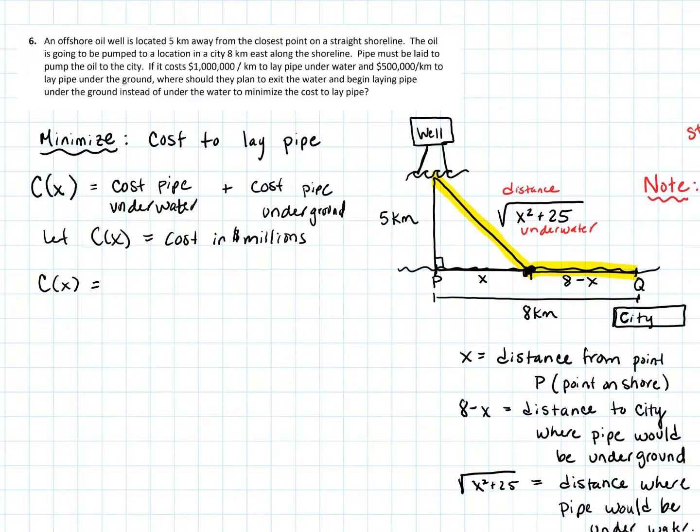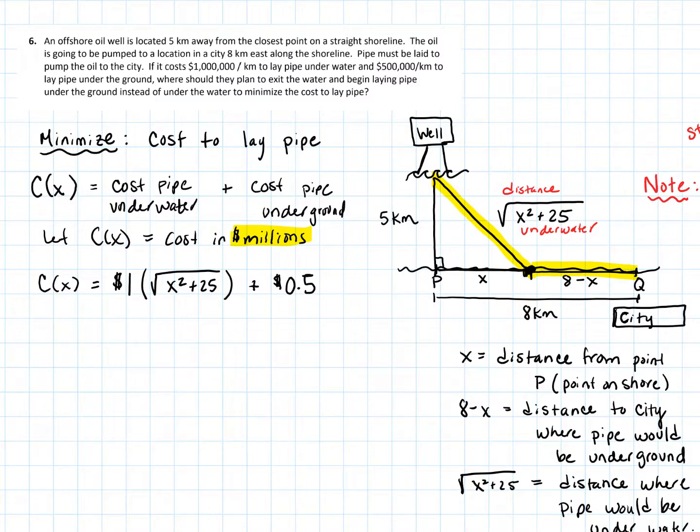So it's going to end up being 1 million, but I'm going to write it as 1 because this is in millions of dollars, times the square root of x squared plus 25. That's how many kilometers we're going to go under the water. Plus, and then it cost 500,000. So that is a half of a million. So I'm going to write that as 0.5, half of a million.